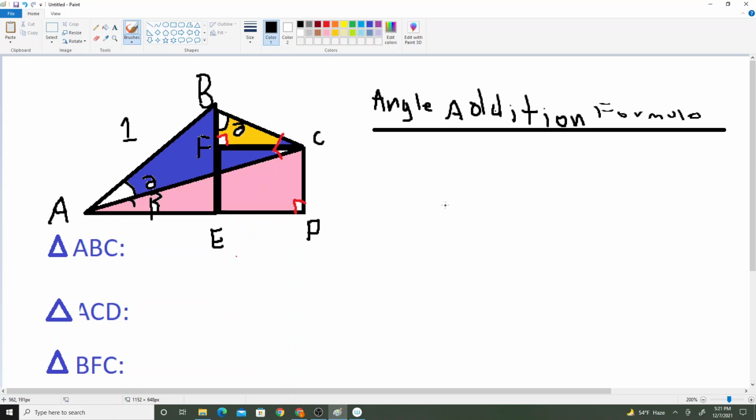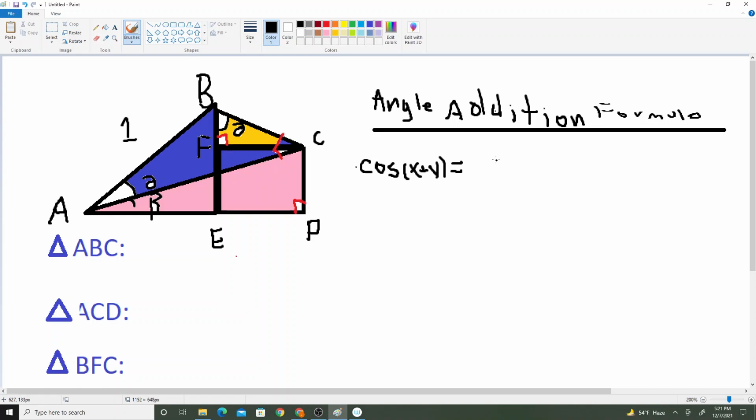Alright, so if we add 2 angles, angle A and angle B, the x distance is AE, the y component is BE. Now we want to get those, and I'll start by writing cosine of x plus y, or in our case A plus B, but I'll use x plus y because that's more generic.